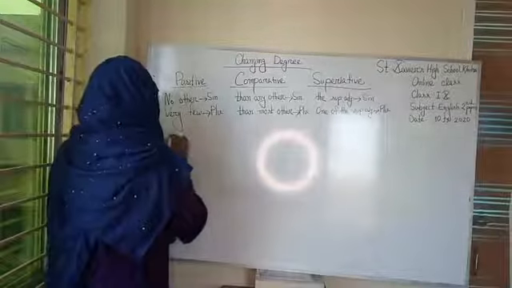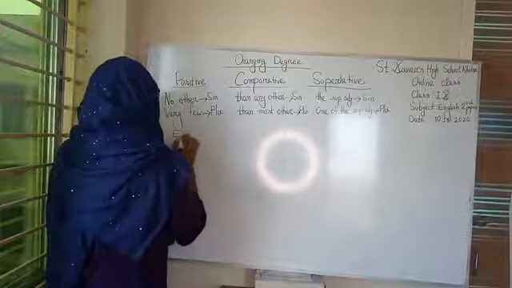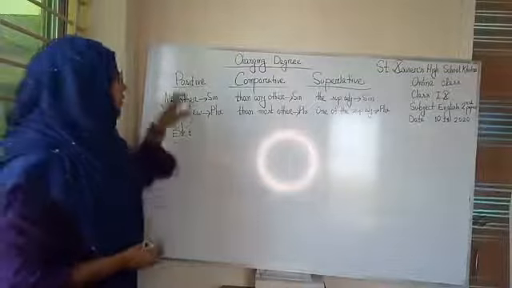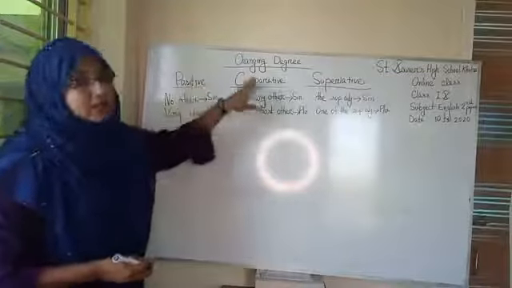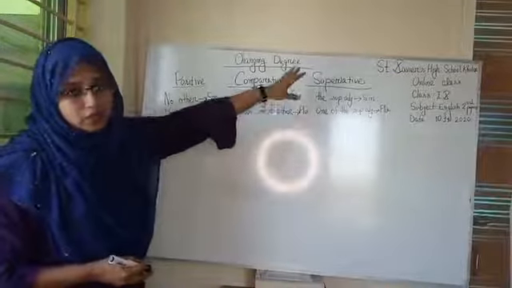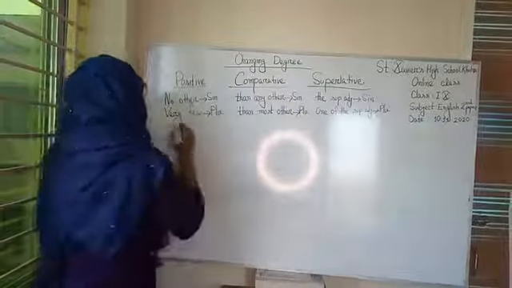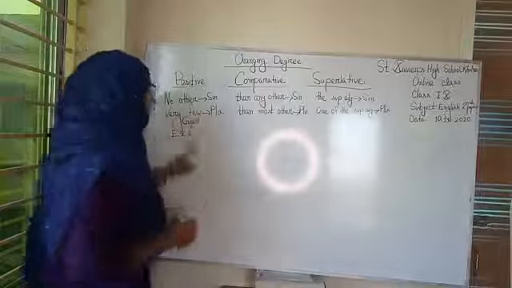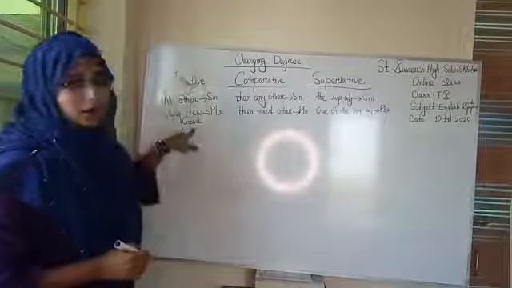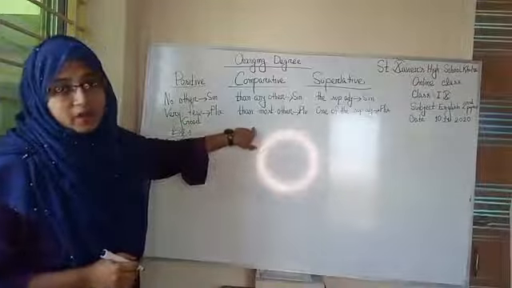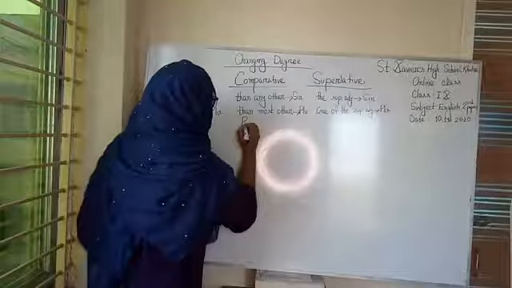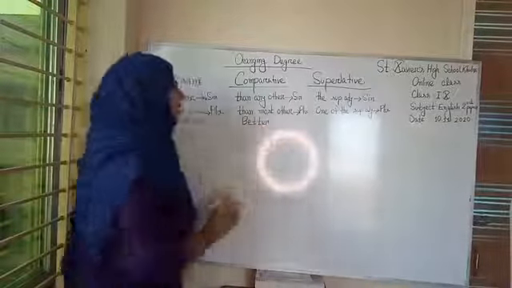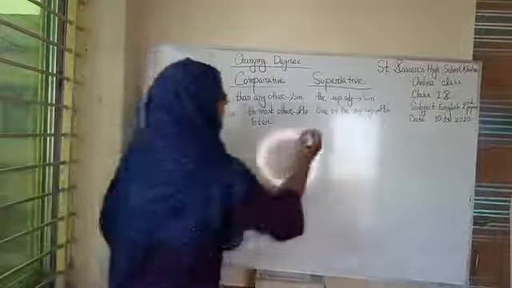Now, let's take an example. In your grammar book, you can get 3 degrees: positive, comparative, superlative. Such an example: good. It is the positive form, and the comparative form is better. Next, superlative: best.